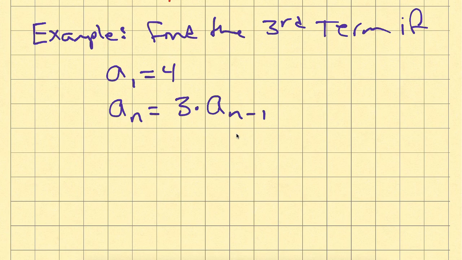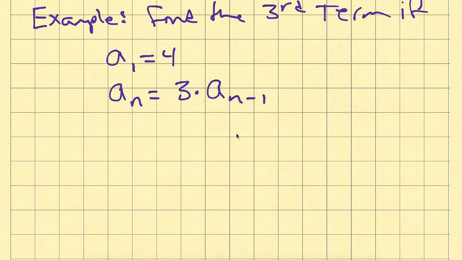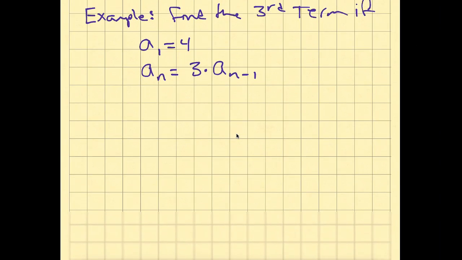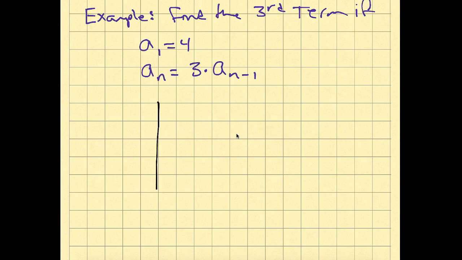So if we're trying to do that problem, the best way I've talked about doing it is to make a table. Put n here, a sub n here. So when n equals 1, a sub 1 equals 4.